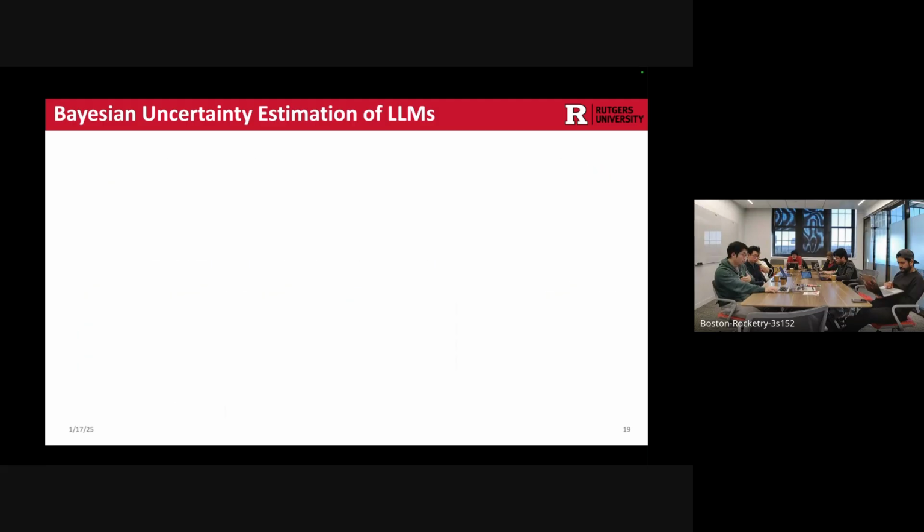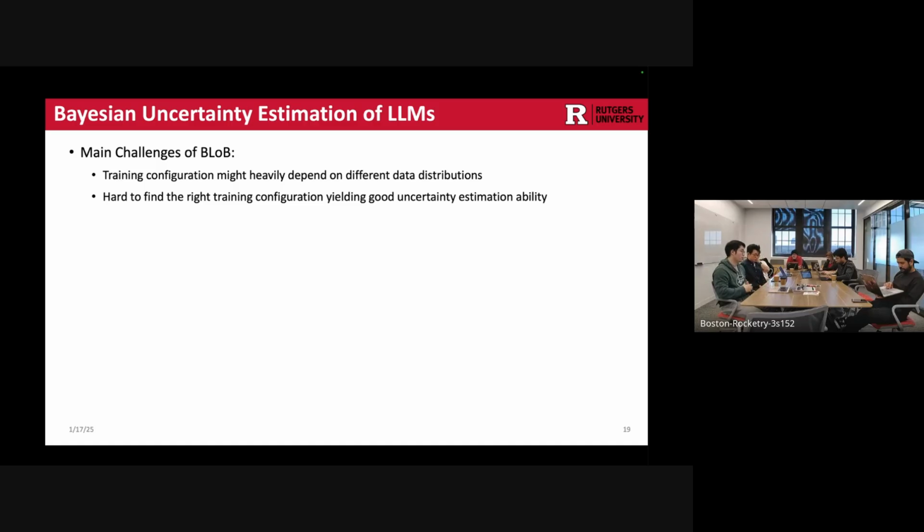But let's move forward from this work and think about the main challenges of BLoB. As you can see, we put up a lot of tricks or techniques to make BLoB work in the case of large language models. The most important challenge of BLoB is that the training configuration might heavily depend on the different data distributions.